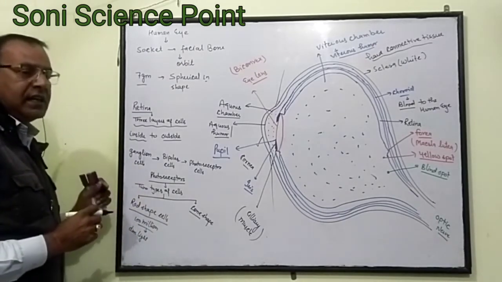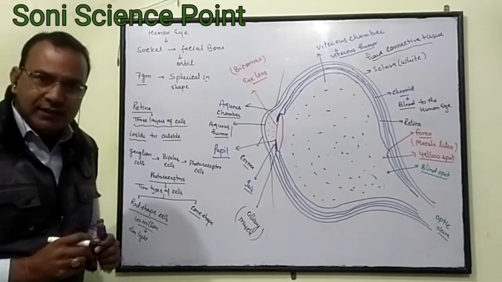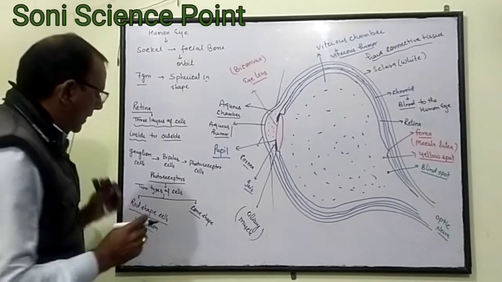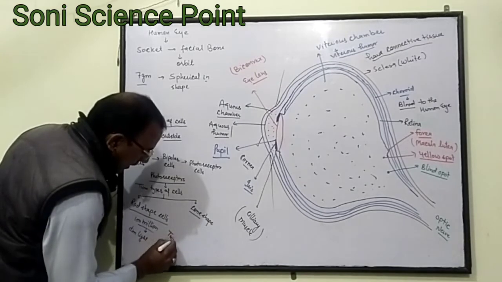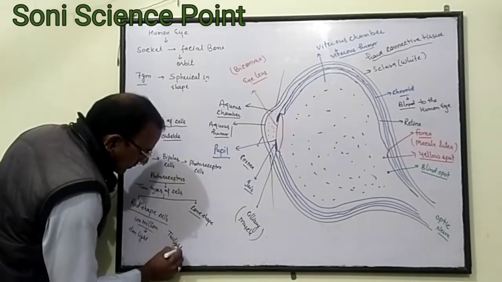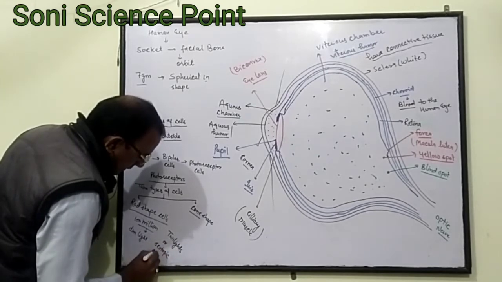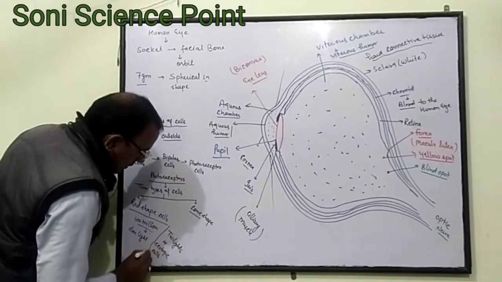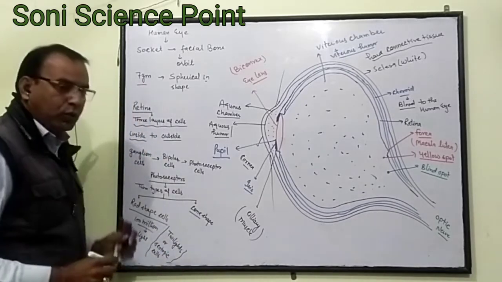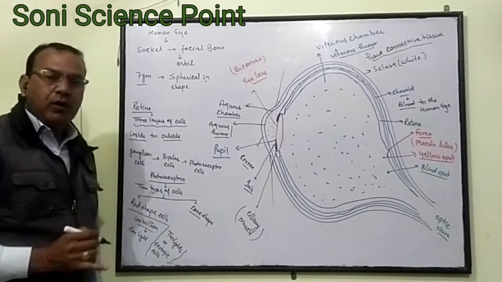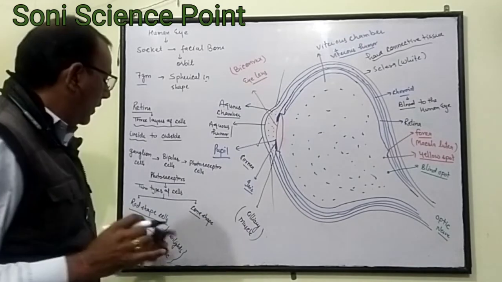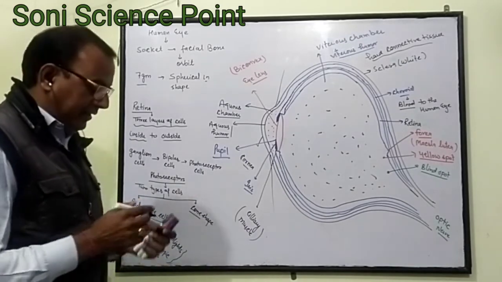So these cells are called twilight or scotopic cells. Rod cells are also called scotopic or twilight cells because they can function in dim light.